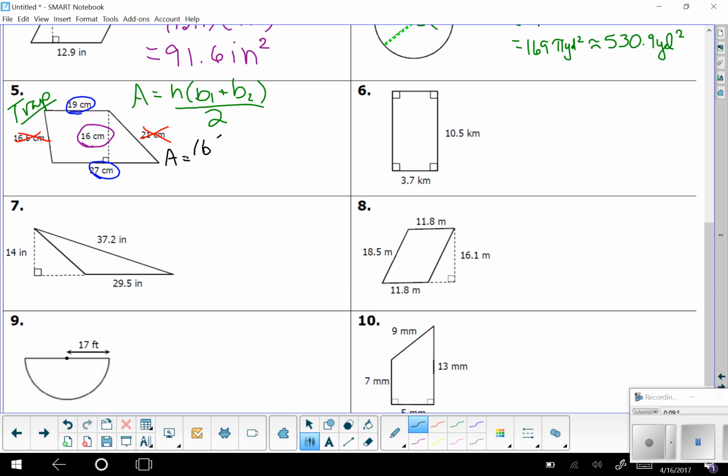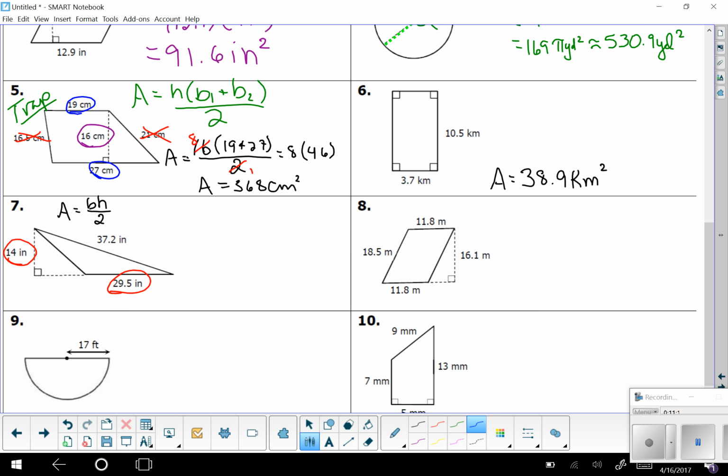So I put the answer down for 6. I don't feel like we need to do it. But for 7, I need you to understand that they give you the height. Here's the height, and here's the base. We don't care about that. So it's this times that divided by 2, and your answer comes out to 206.5 inches squared.